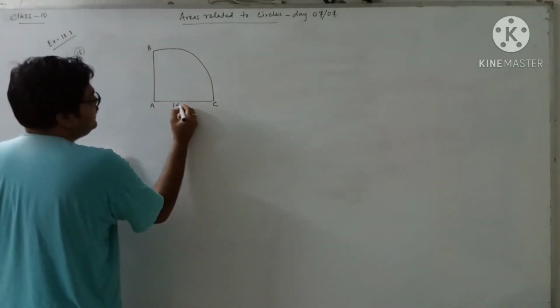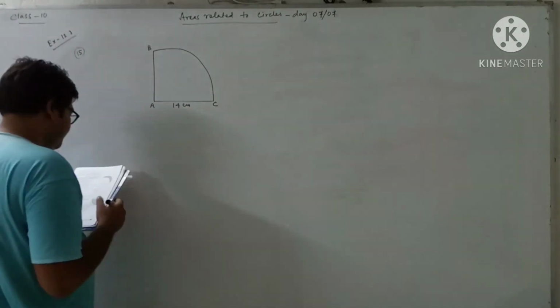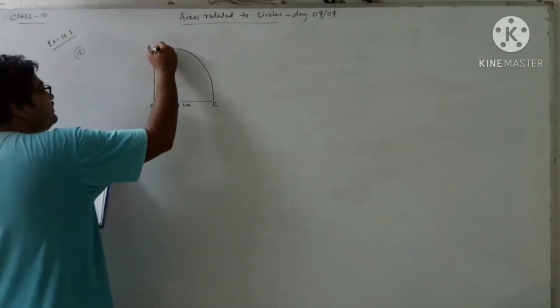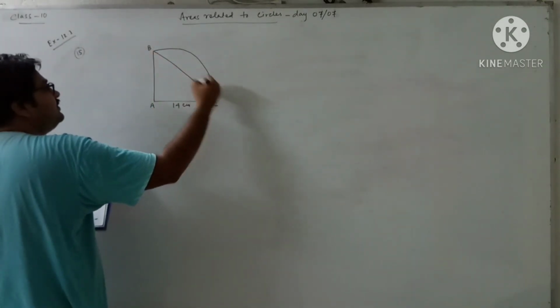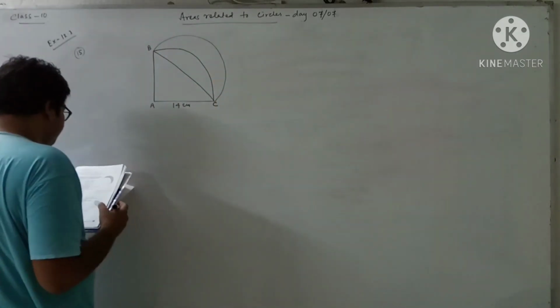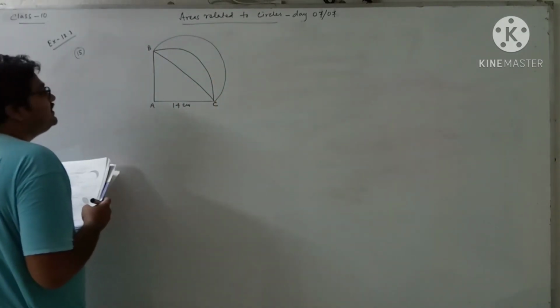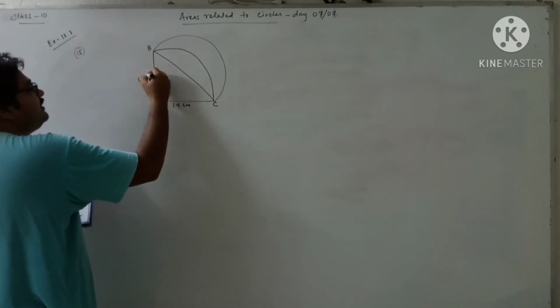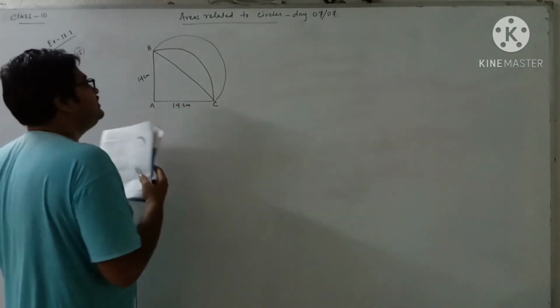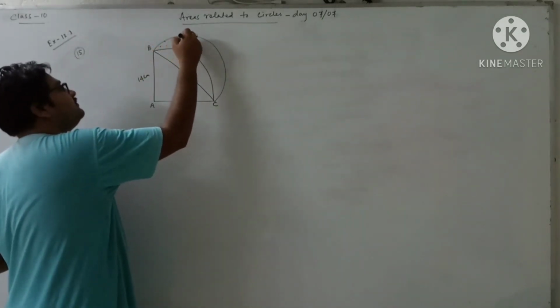So this quadrant radius is 40 centimeters. And a semicircle is drawn with BC as diameter. Find the area of the shaded region. So these are also 40 because of the radius of the quadrant. We have to find out the area of the shaded region. The shaded region is this one.